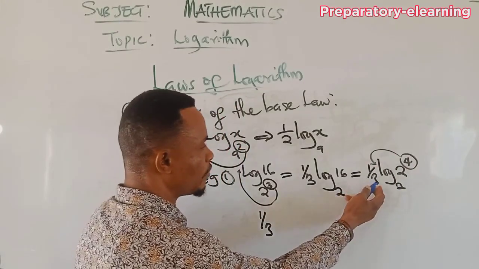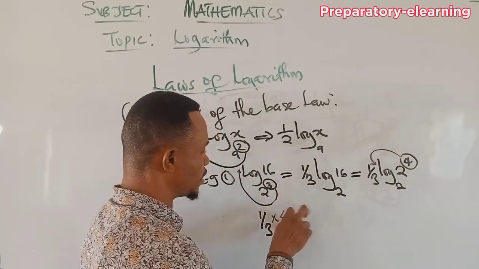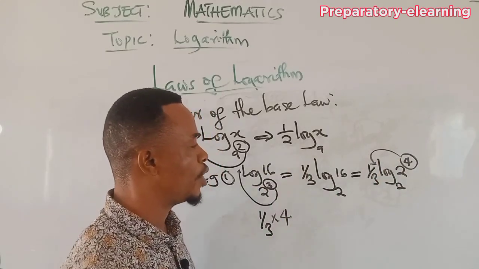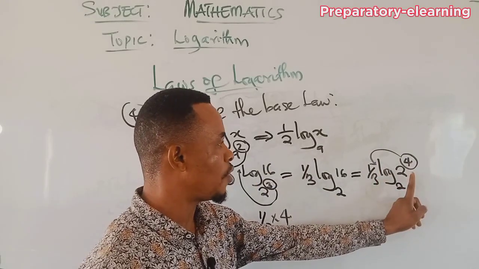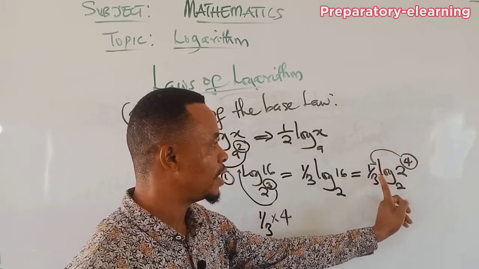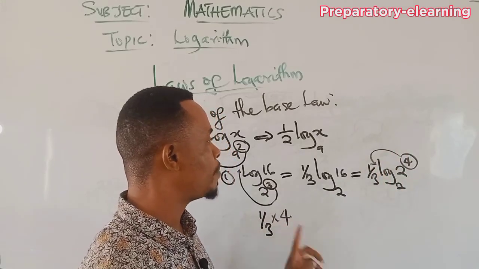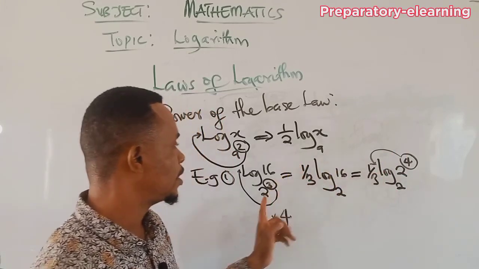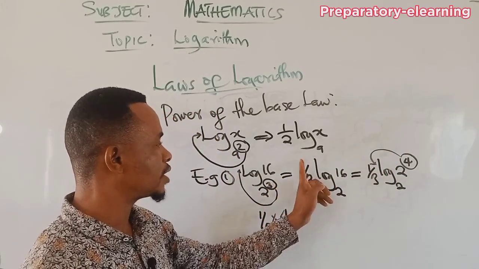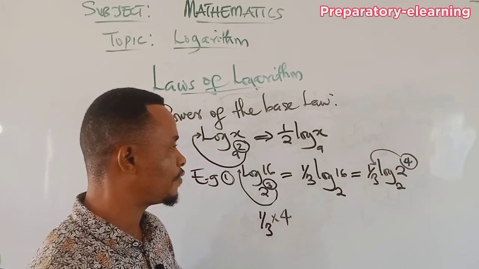So you now have this 1 over 3 times the 4 coming here, which is still 4. Mind you, when the power is on the number, like this 4 on this 2, as you are moving it out from here, it comes and remains here exactly as 4. But when the power is on the base, as you are moving it behind the log, it comes as 1 over 3. So moving this 4 to here, it remains 4.